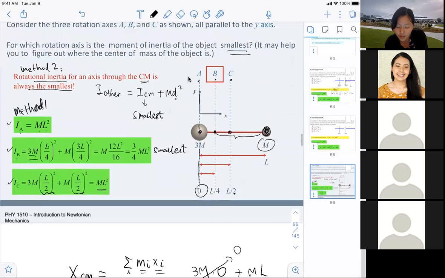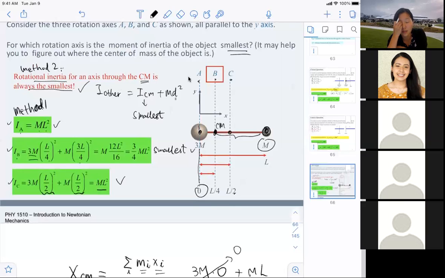So it looks like the center of mass is right here where B is. Of course, if you rotate relative to B, it's going to give you the smallest rotational inertia. So you could also use this method and right away you know B will be the smallest without having to calculate each one of them, right?